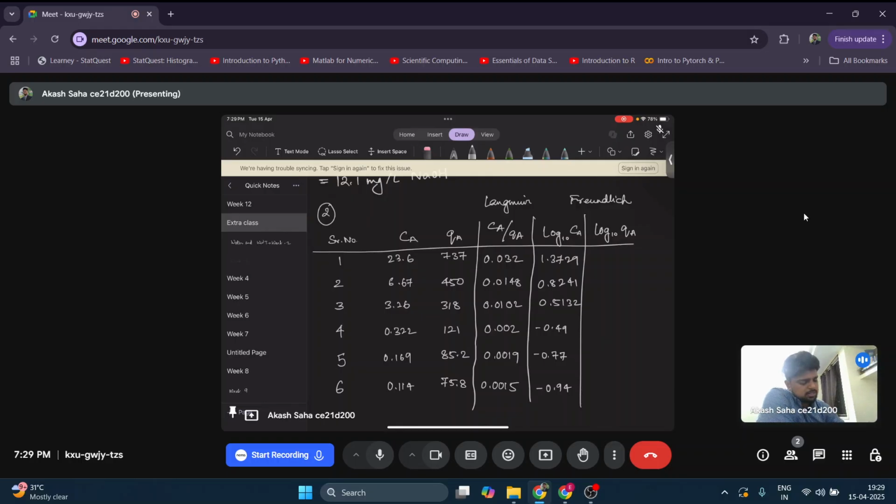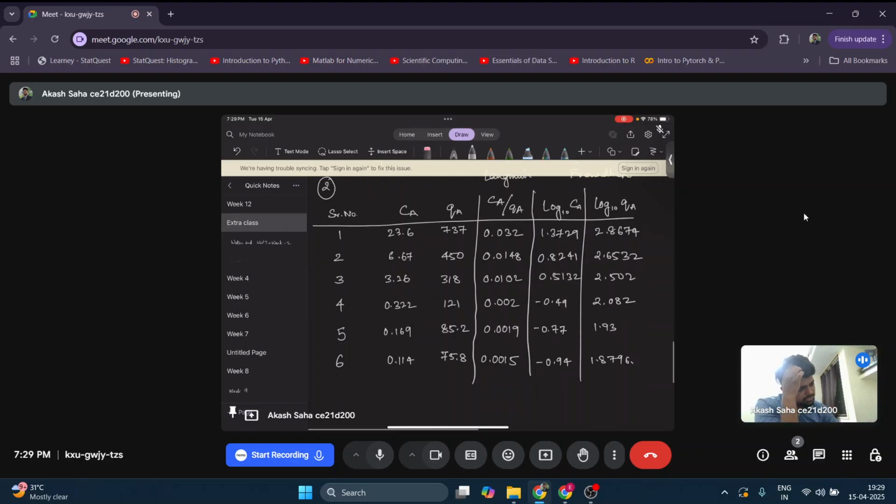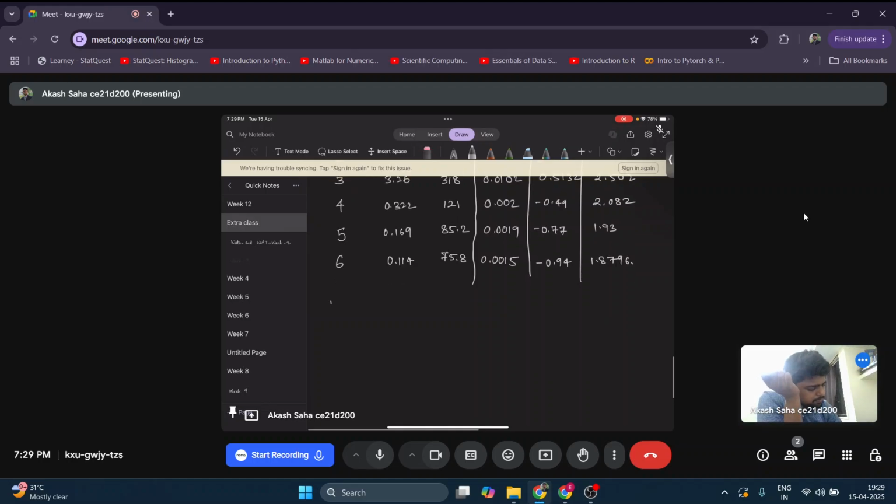I solved this in Excel, but now I'm giving you the solution so that later, if you do it in Excel, you can cross check. So these are the values that we get. First we will see the Langmuir isotherm.